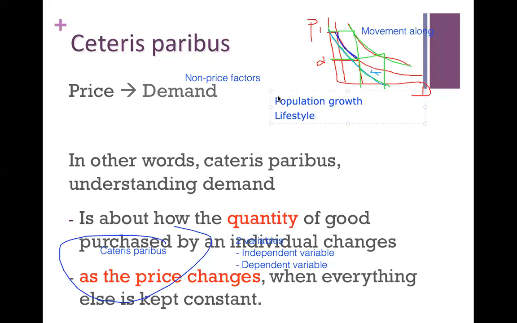Or some other factors, such as the changes of the price of the substitute product, for instance. Or the income. If the customers, broadly speaking, have stronger income power, at the same price, they may buy more volume, for instance.